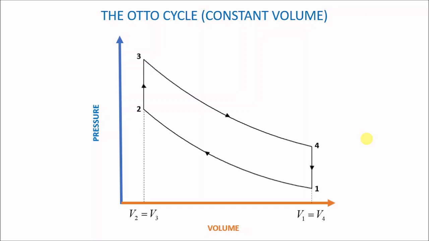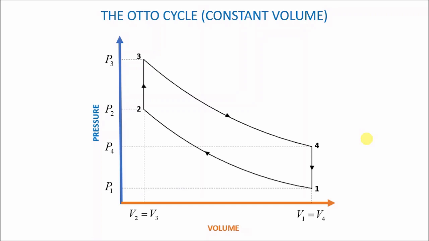And also on the pressure axis, we can look at the pressures of state 1, P1, the pressure of state 2, P2, the pressure of state 3, P3, and finally the pressure at state 4, which is P4. Really, really important. So now what you're seeing here is what is referred to as the PV diagram of the Otto cycle.